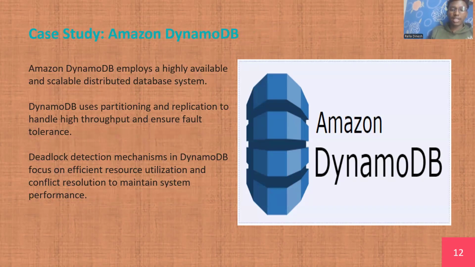The deadlock detection mechanism in DynamoDB focuses on efficient resource utilization and conflict resolution while maintaining system performance. Amazon DynamoDB uses this deadlock system to enhance resource utilization and resolve conflicts, maintaining system performance efficiently.